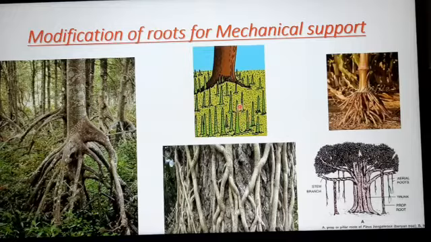They appear like conical spikes coming out of the water and the soil, and this root has numerous pores that help in respiration. And the example is Rhizophora. Rhizophora plants grow in marshy places, swamps and salt lakes.